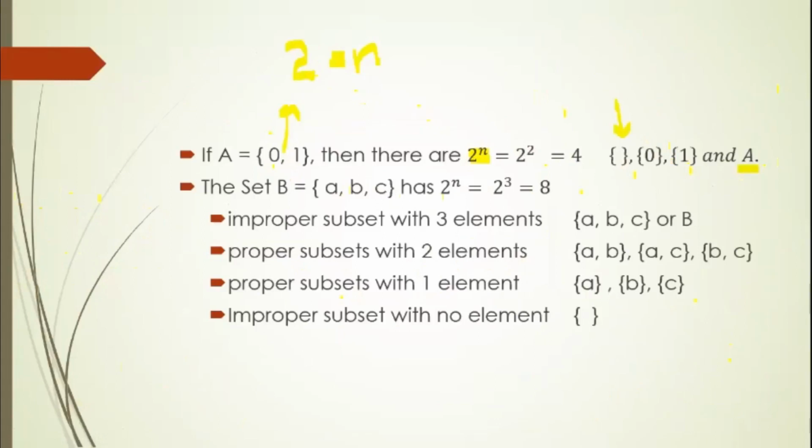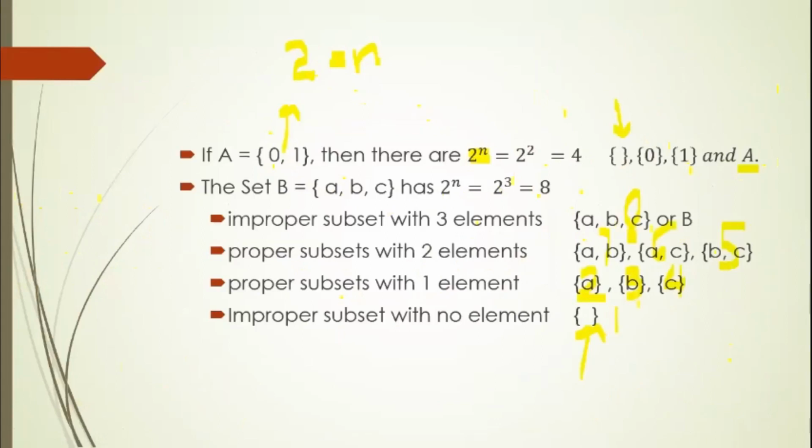It would start with the empty set, again, then A, B, C, the combinations AB, AC, and BC, and then ABC. If we count, we have 1, 2, 3, 4, 5, 6, 7, and lastly, 8. So these are the subsets in the power set of set B.